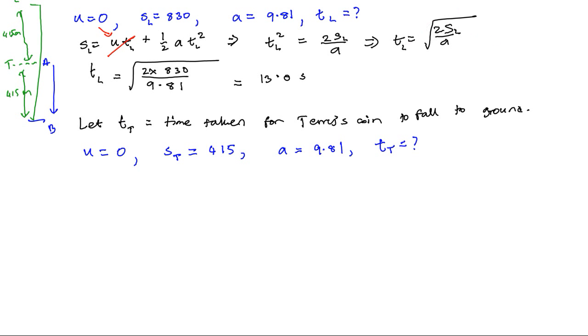So I can pretty much use the same equation here as well. Without doing the first couple of steps, which will give me the same result, I'll just say the time taken for Terry is also equal to the square root of 2 times the distance that Terry's coin has to travel divided by acceleration.